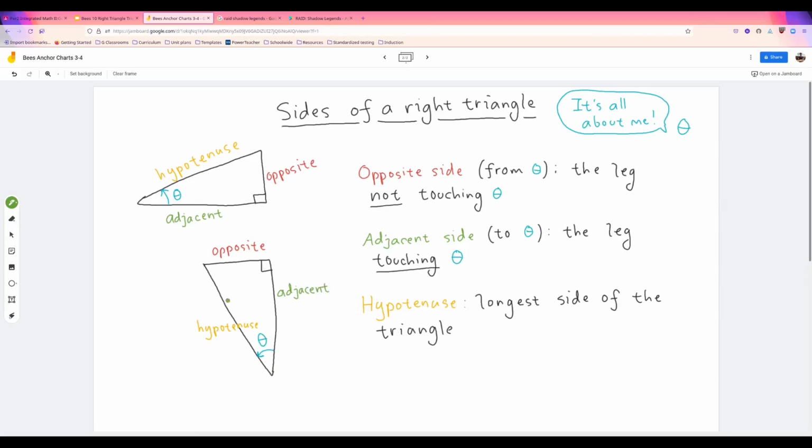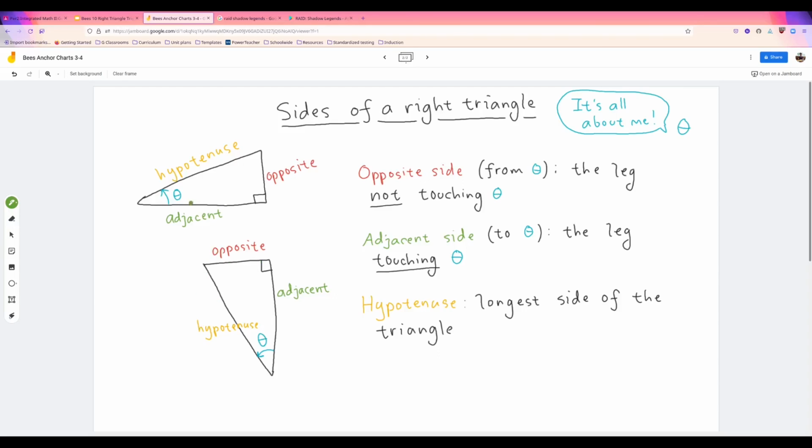If theta had been over here, opposite and adjacent would have switched. Hypotenuse would have been the same. We don't usually treat the right angle as theta, just because it makes things a little weird.